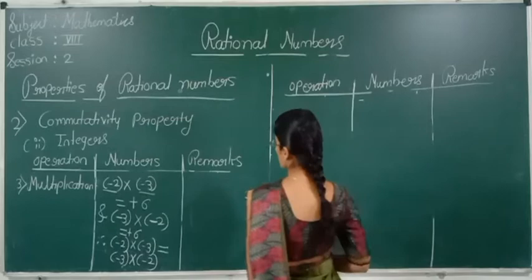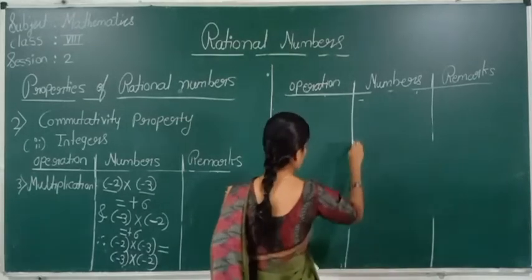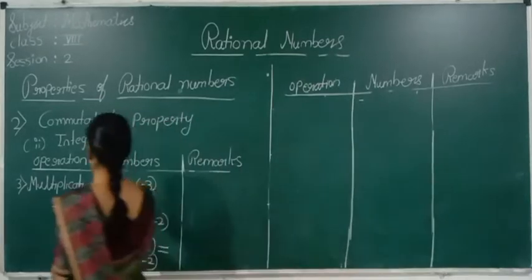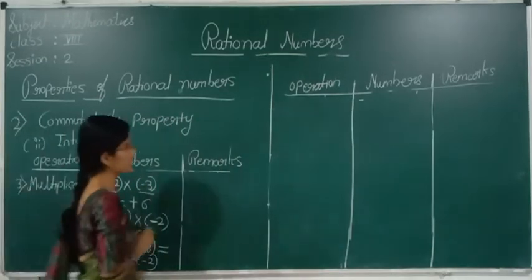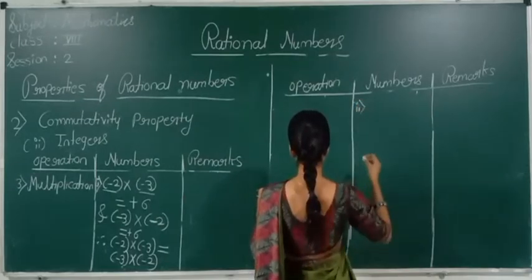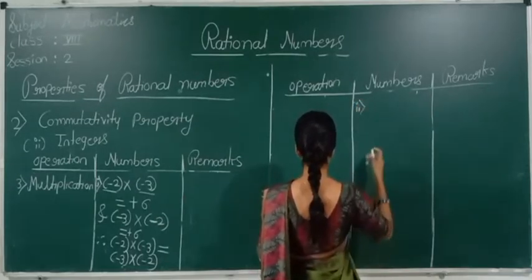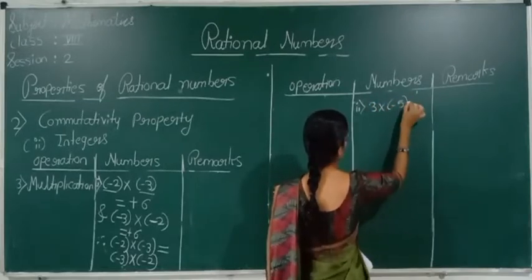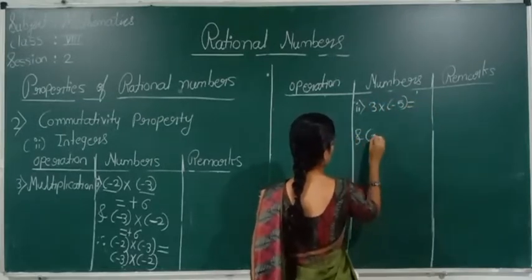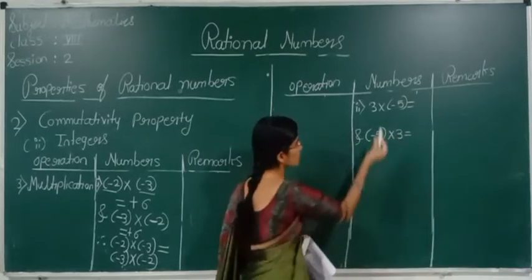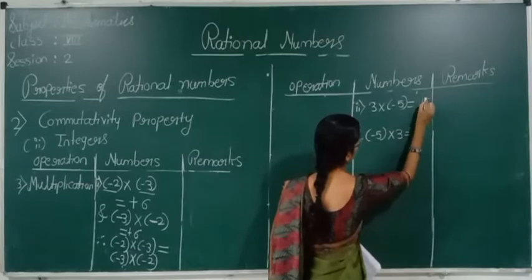So we will consider one more example for multiplication. 3 into minus 5 and minus 5 into 3, are they the same or not? We will check. So 3 5s are 15.